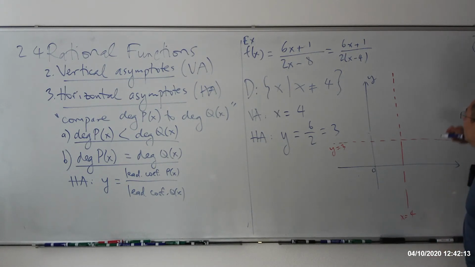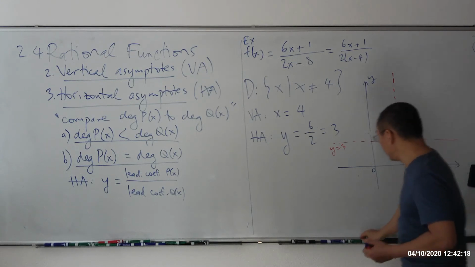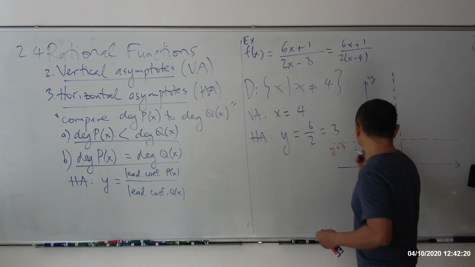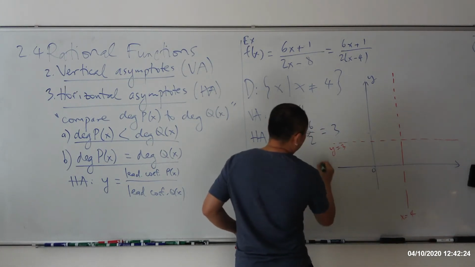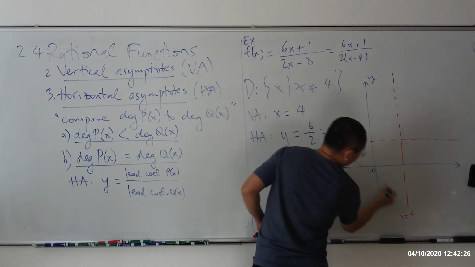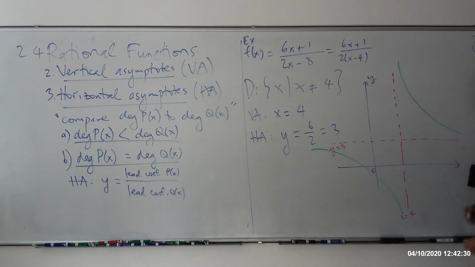Let's say, what color do I use? Green color. Okay, the graph is going to be like this. There are two curves, two green curves, two pieces for the graph.